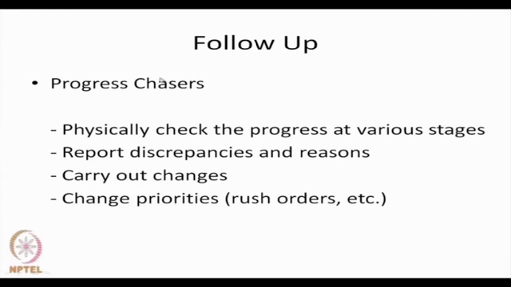Conventionally, on the shop floor, there are persons called progress chasers, who physically check the progress of the work at various stages and report discrepancies and reasons for any such discrepancy. They suggest how to carry out changes. They can also change priorities. Suppose, for example, there is a fresh, very important order that may be given higher priority, and therefore the production plan may have to be changed.